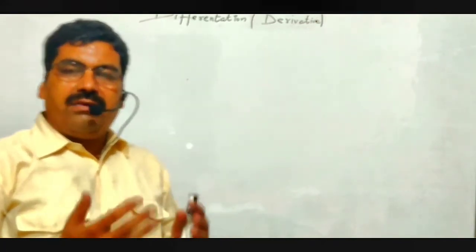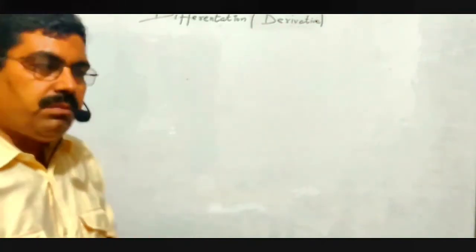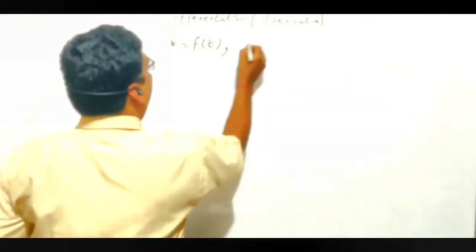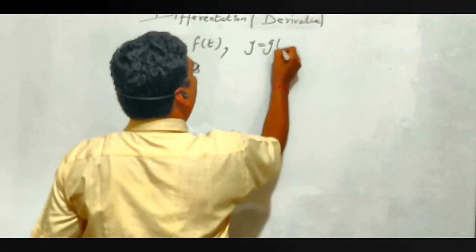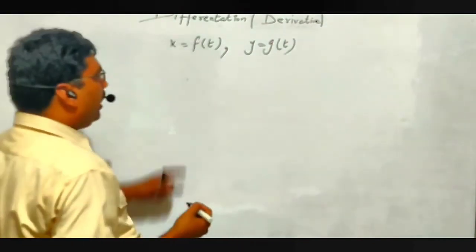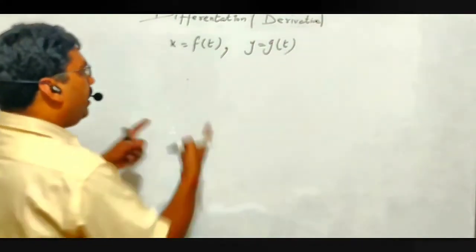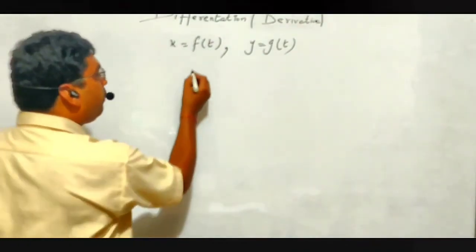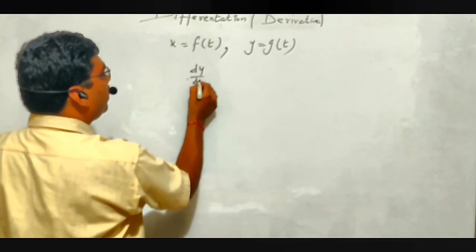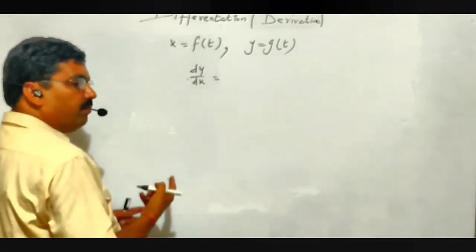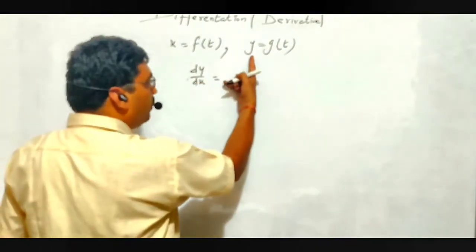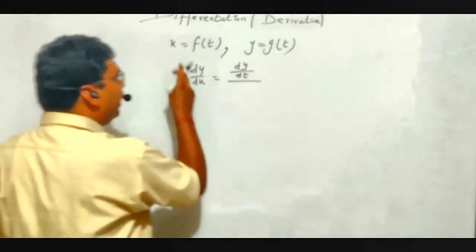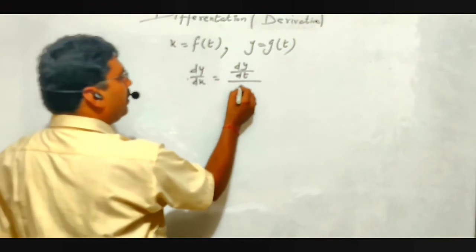If x and y are expressed as x equal to a function in t and y also equal to a function in t, where t is the parameter, these are called parametric form, and we can find dy by dx by taking the derivative of y with respect to t and the derivative of x with respect to t.